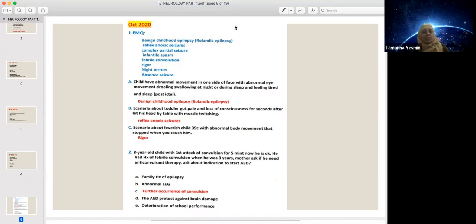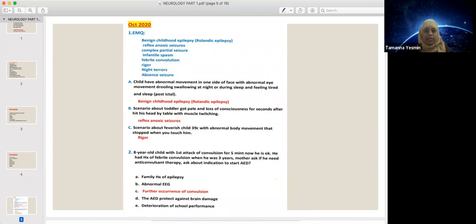Reflex anoxic seizure is a special type of seizure. Sometimes it is confused with the breath holding attack. But in a breath holding attack, actually the child is having a tantrum, like she or he is crying for something, and then the child holds the breath, and then the child has a seizure.